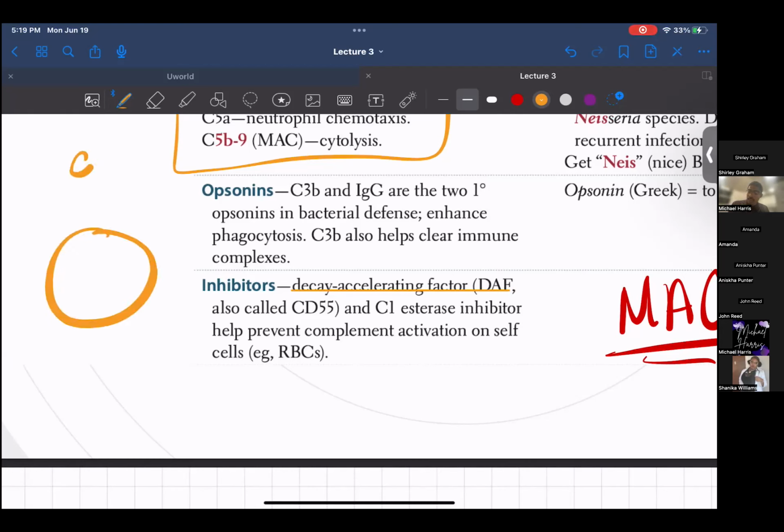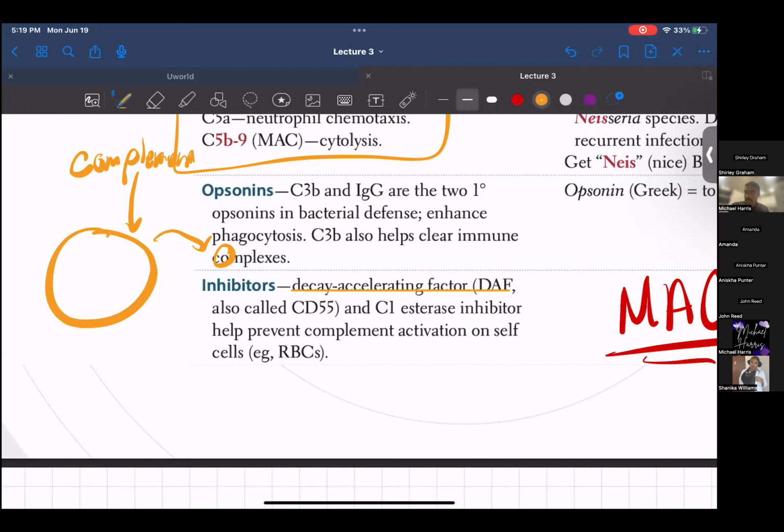So when complement comes by and tries to bind to it, essentially the decay accelerating factor knocks that complement off. So then you no longer have complement on the surface anymore, so that specific cell doesn't die.